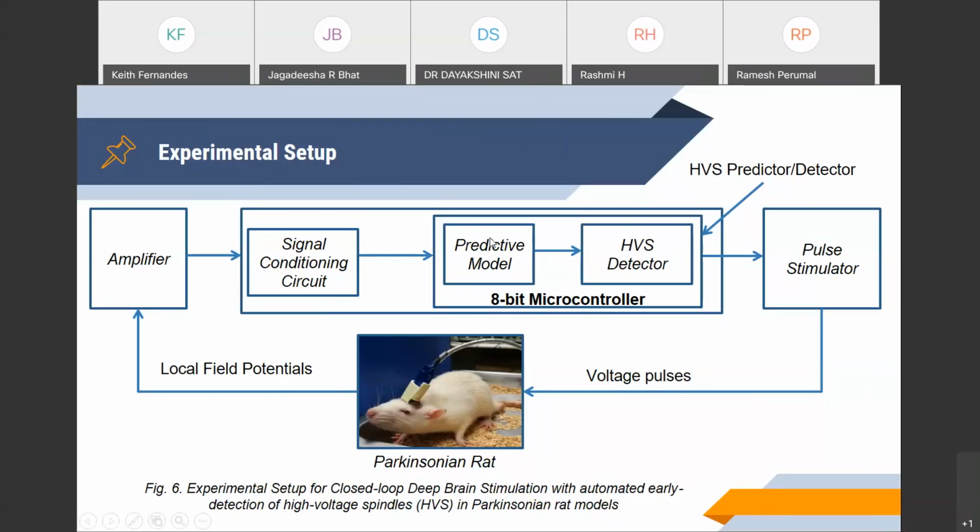From the 6 samples, the model predicts the next succeeding 10 samples. With a total of 16 samples, the Fourier transform is computed, and the whole computation takes less than 1 millisecond, which is the sampling time of the local field potential. This is very important: the computation time should be less than the sampling time, so that it does not affect the accuracy of the ADC.